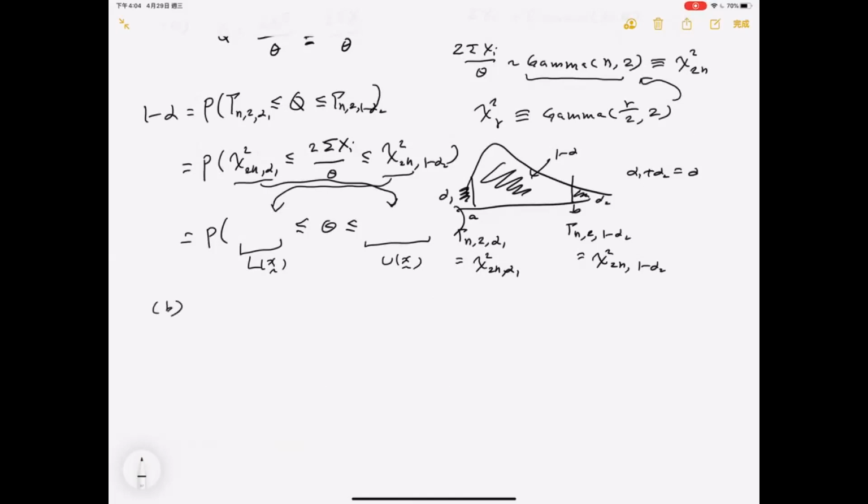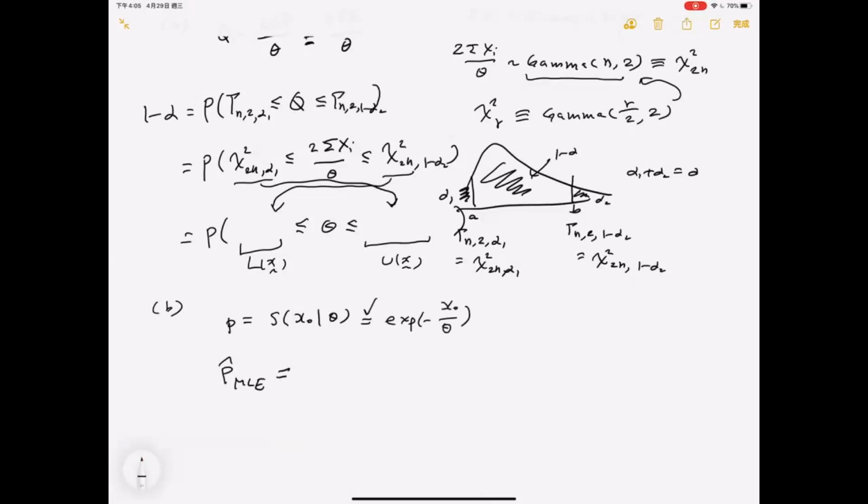Okay, then in B, I'm trying to ask you to find the MLE of the survival probability P. Basically, it's the survival function up to x0 points, for example, 3 months. I'm trying to find P hat MLE right here. As long as you can write it down as the survival function, like I told you, this guy is exponential of minus theta plugging in x0.